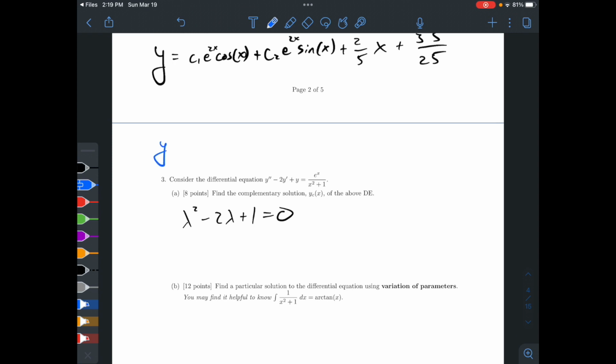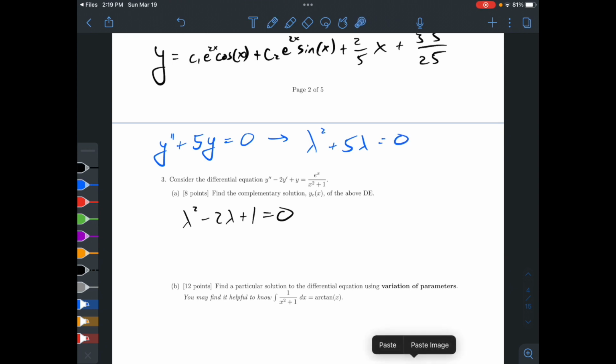If I had y double prime plus 5y is equal to 0 or something like that, and if I wanted to solve that, a lot of people on the quiz would write this as lambda squared plus 5 lambda is equal to 0. This is wrong because whenever you have the y right there, that should translate into the constant term.